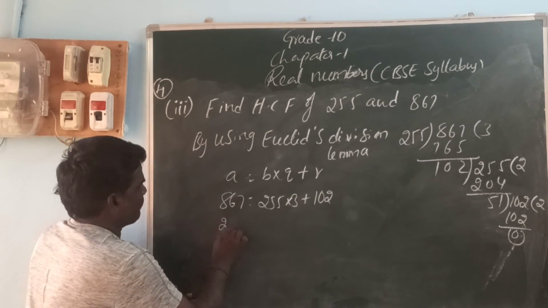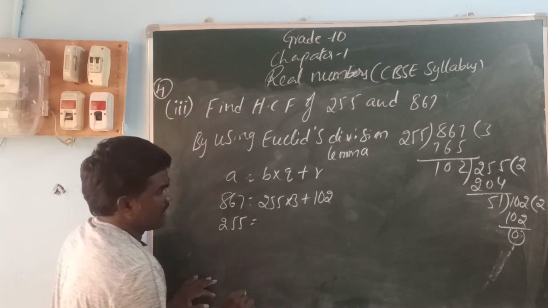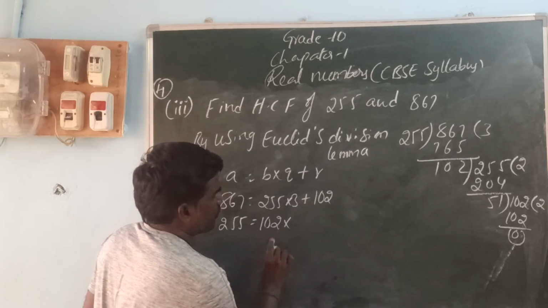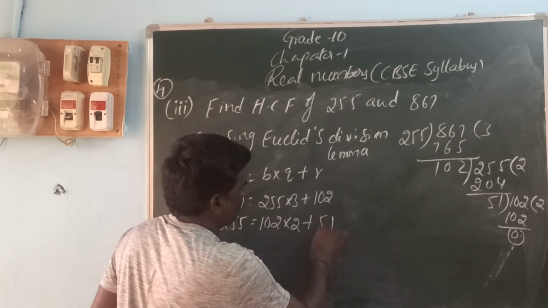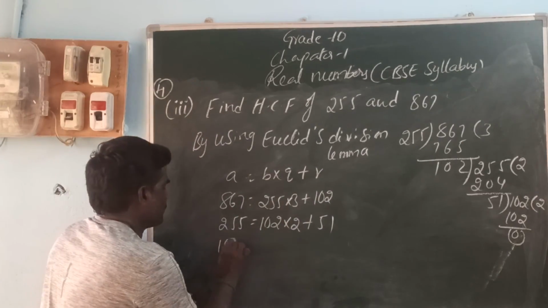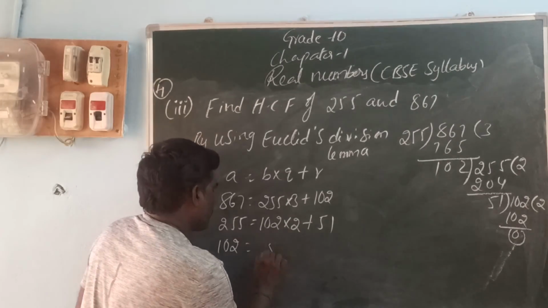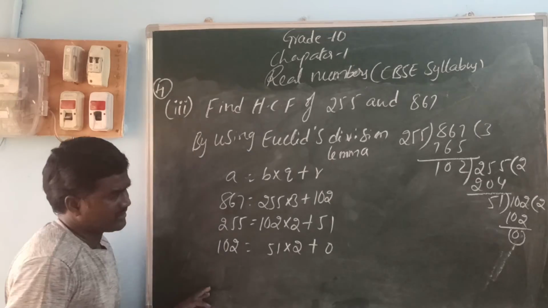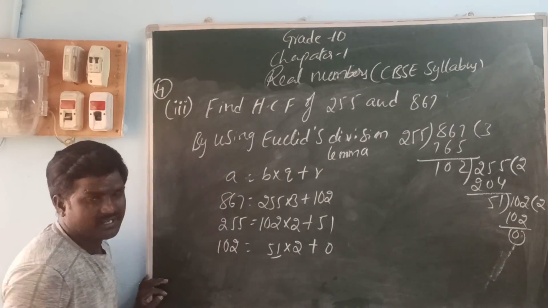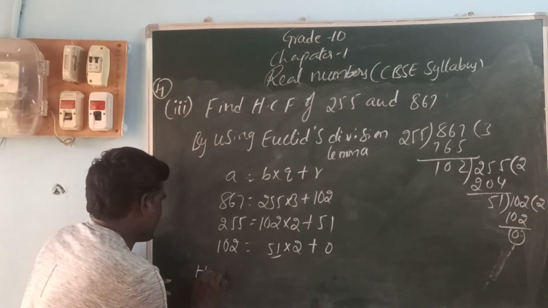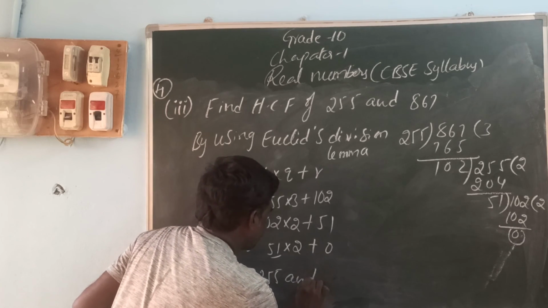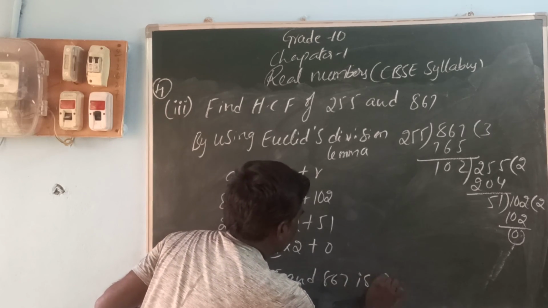Next, 255 is the dividend, then 102 is the divisor. Quotient is 2, remainder is 51. Next, 102 is the dividend, divisor is 51, quotient is 2. Remainder is 0. Where do we get the remainder 0? At the 51. So therefore HCF of 255 and 867 is 51.